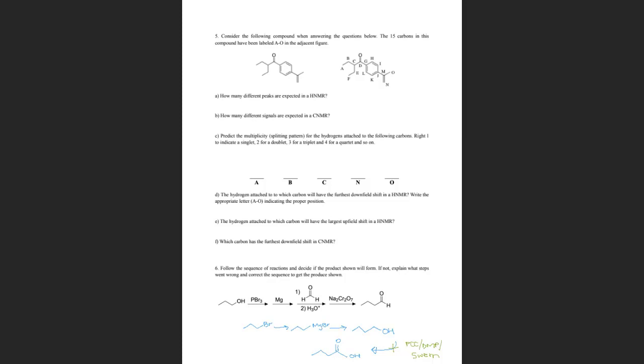So, this is not a splitting pattern question. This is just unique places where you have hydrogens next to you. Actually, you know what, let's start with CNMR, because CNMR is easier. How many different signals do you expect in a CNMR?